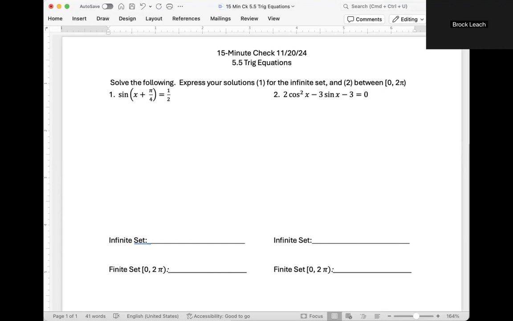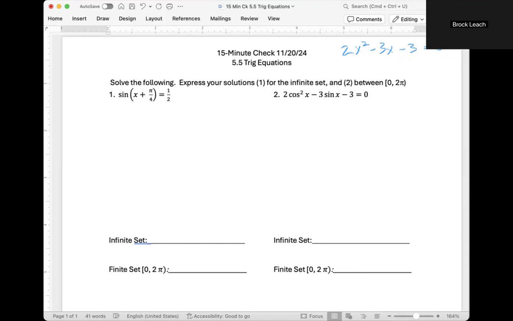In the chat box. All right, now when we have something like this, notice that it's a cosine squared plus a sine to the first, and then minus 3 equals 0. This obviously looks like something where we would have 2x squared minus 3x minus 3 equals 0, like a polynomial equation, right?